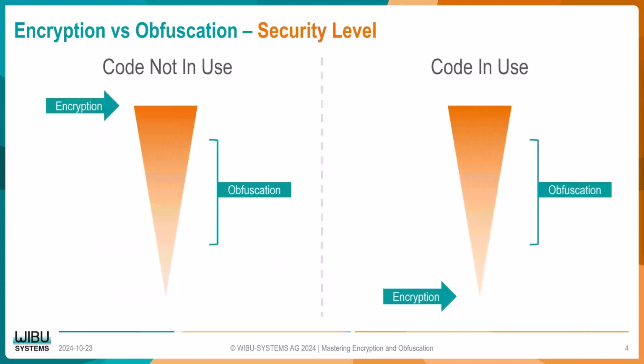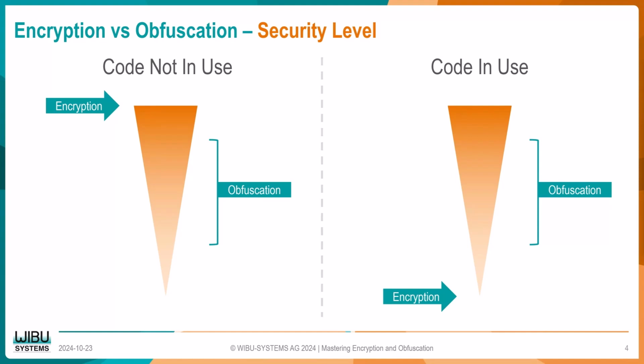But how is the security level of both techniques? Here we have to distinguish two use cases. On the one hand, when the code is not in use, like when it's lying on the hard disk or it's not executed in the process memory, it's simply mapped. And the other scenario is where the code is really in use and the processor really executes this code.